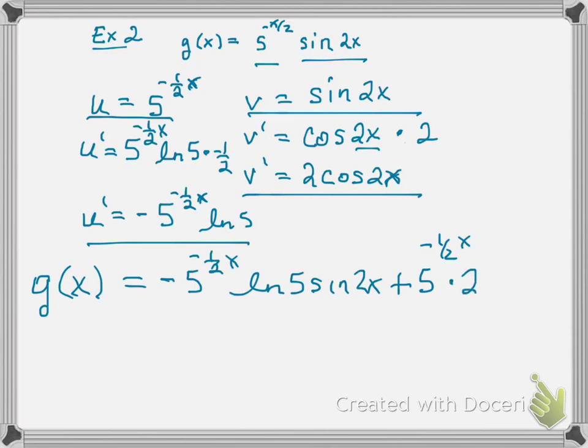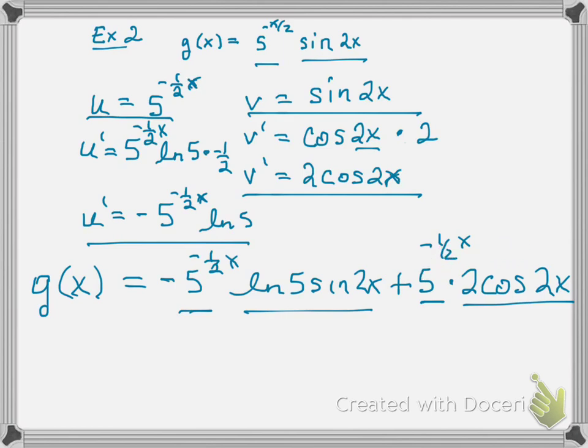Times 2 cosine of 2x. So this is the v prime, and this is the u. There's the u prime and the v. So u prime v plus v prime u.